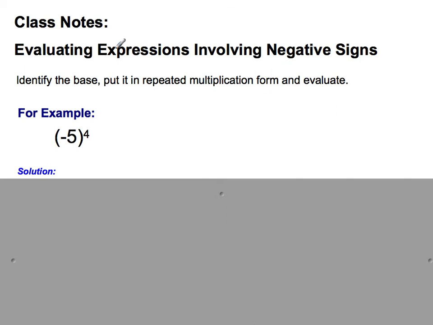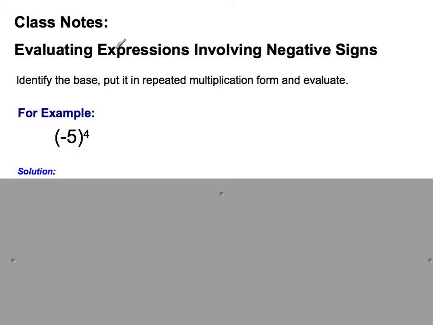Okay, so now this is extremely confusing, so I'm going to go through this really slowly. When you evaluate an expression involving negative signs, remember I said that the base can be both a positive number and a negative number. It cannot be 0. So now the negative throws in a whole bunch of trickiness.